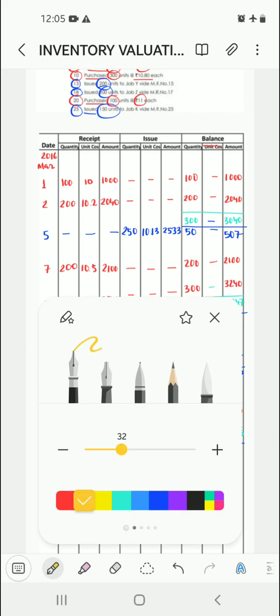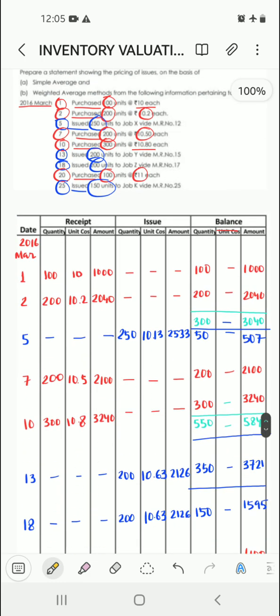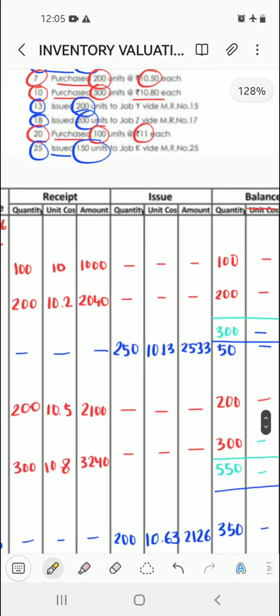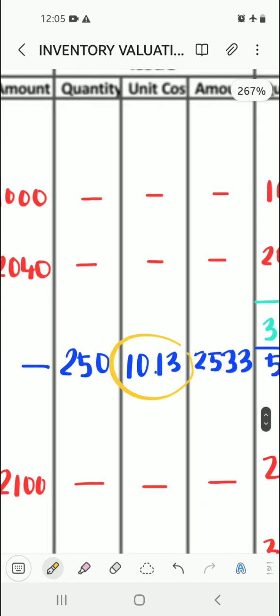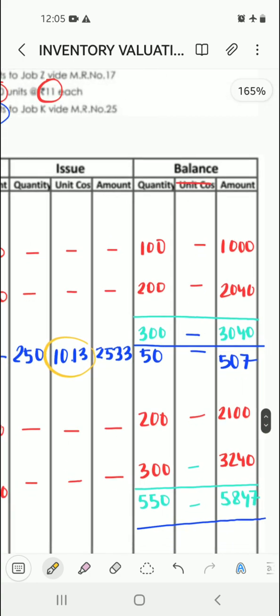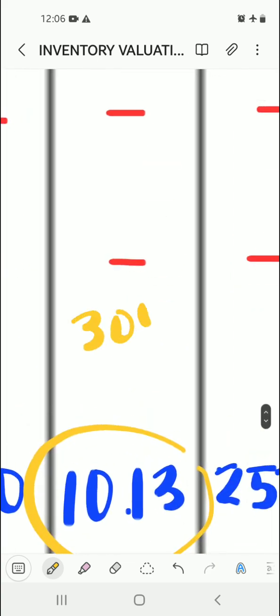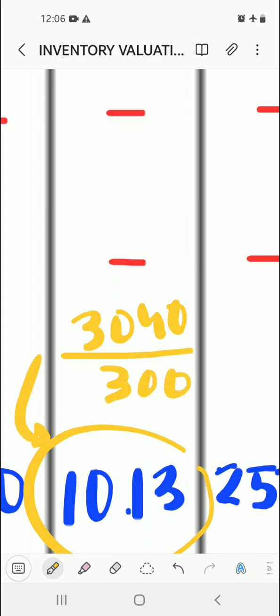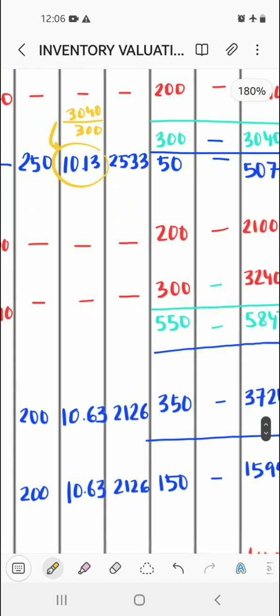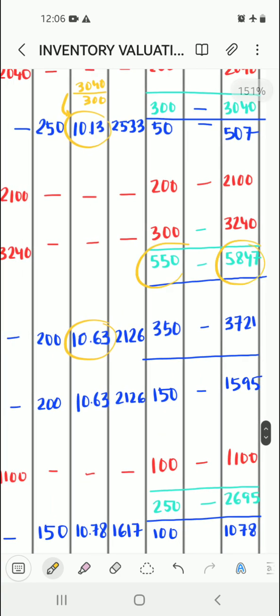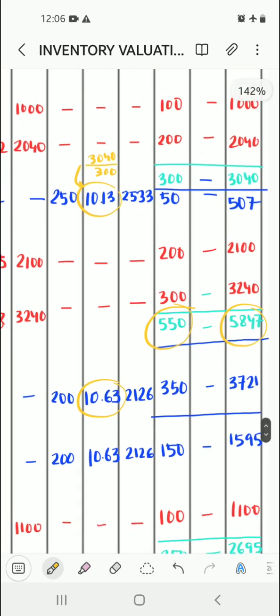We have to show the workings. The basic working is simple. Over here, when we are first finding out the issue unit cost, we are basically dividing 3040 by 300. So this is 3040 divided by 300. So we got this. Again over here, when we found out 10.63, it is 5847 divided by 550.